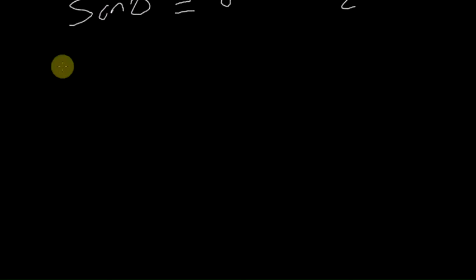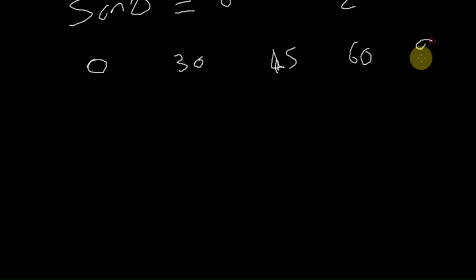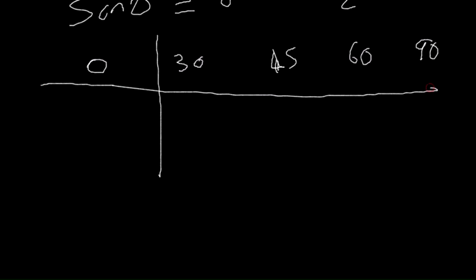We have these angles: 45, 60, and 90, and from these angles, along here you have a sine, cos, and tan.